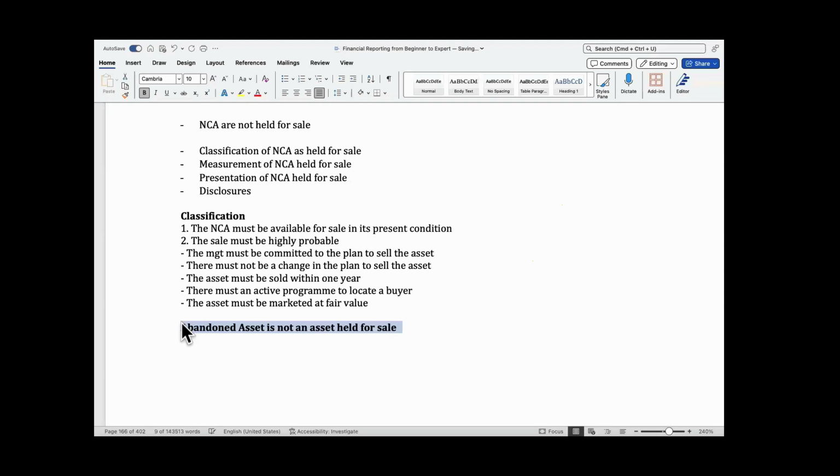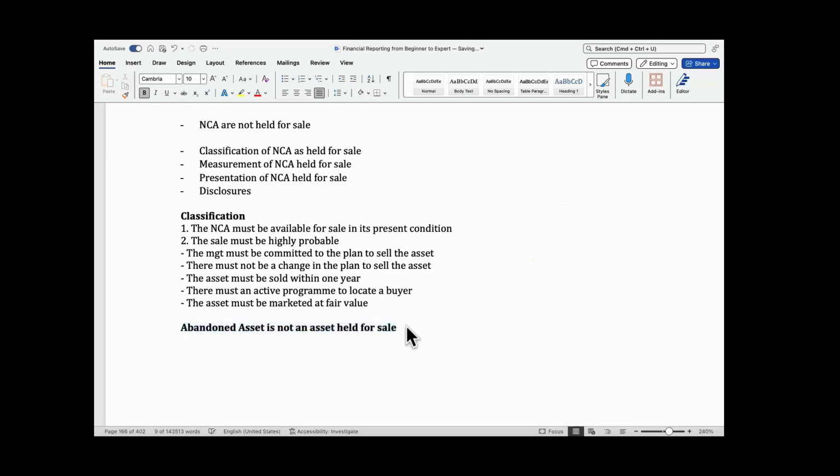So if you have a motor vehicle that you just parked in your compound and you are not using it, that one is different from an asset held for sale. It's not held for sale. They just decided not to use it. So don't mix them together. They are different. I needed to clarify that.